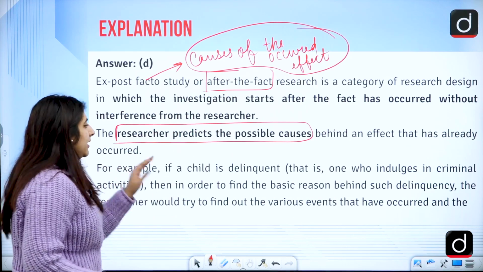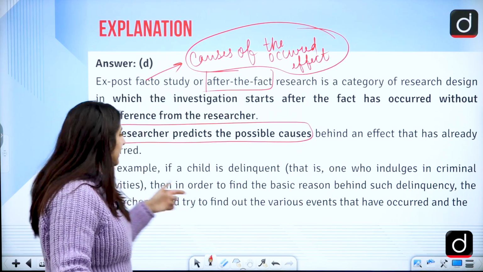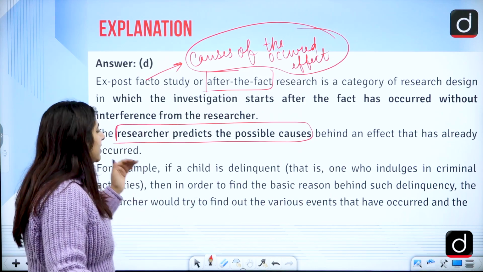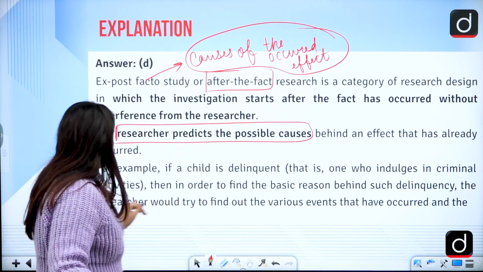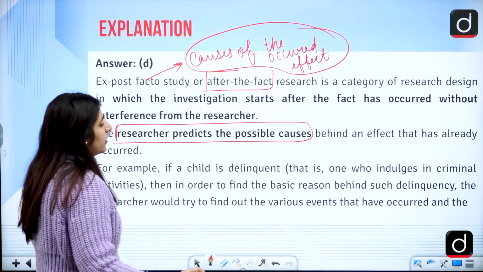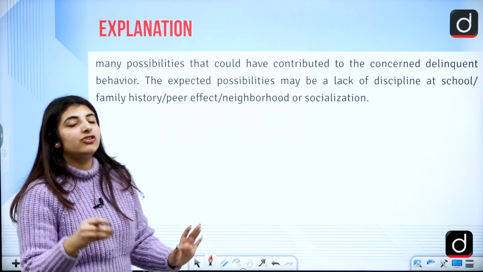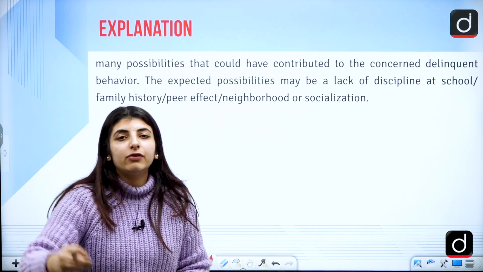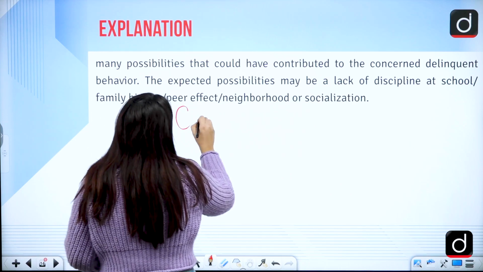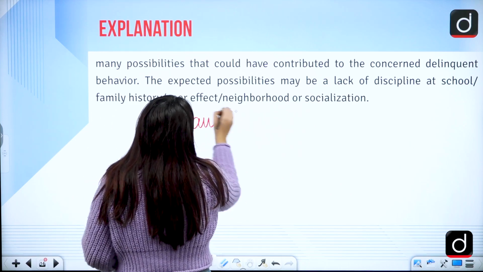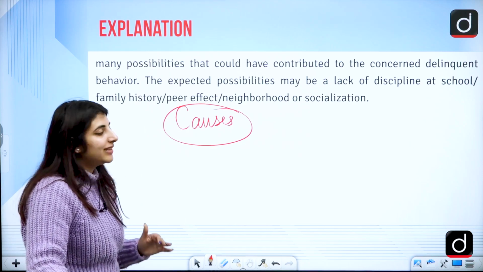For example, if a child is delinquent, which means one who indulges in criminal activities, then in order to find the basic reason for him being delinquent, the researcher would try to find out the various events that have occurred. And from those events, he will try to find out the possibilities, and those possibilities are what we call the causes. So here, the effects and the causes of the effects, we are measuring them, correct?